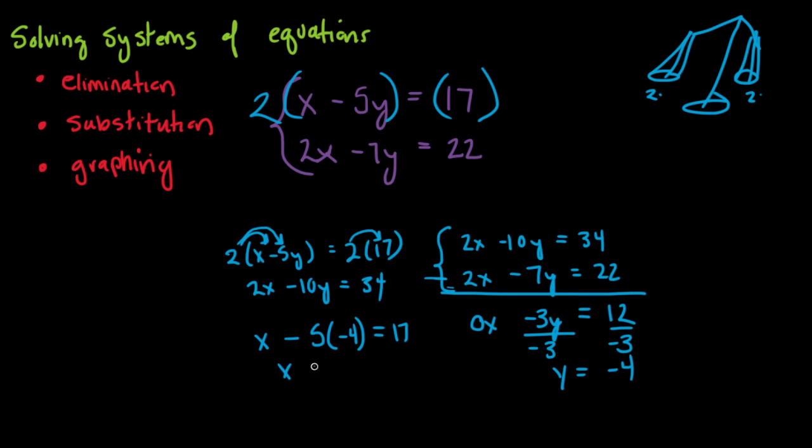So I'm saying x plus 20 equals 17. Well, let's subtract 20 from both sides. That will leave me with x equals negative 3. So the solution for this equation, by elimination, is x equals negative 3, y equals negative 4.